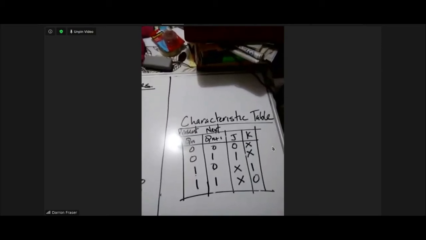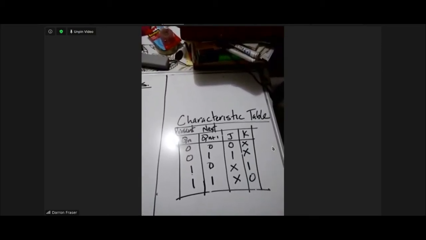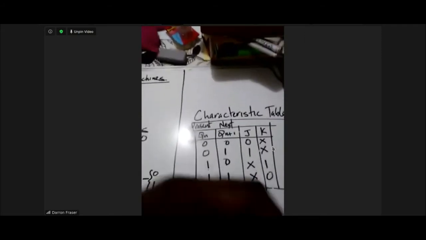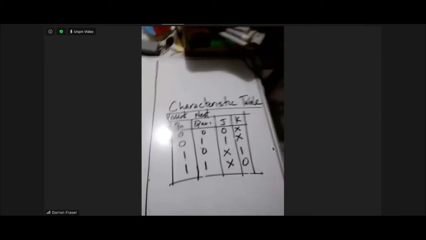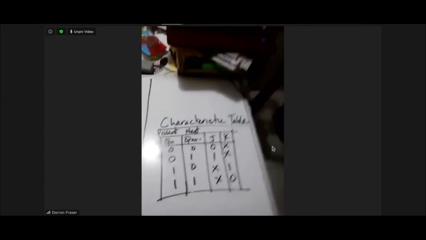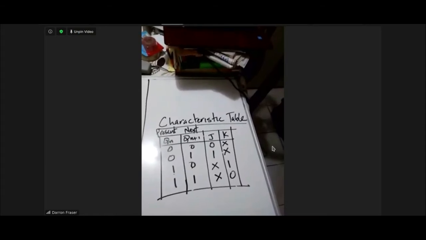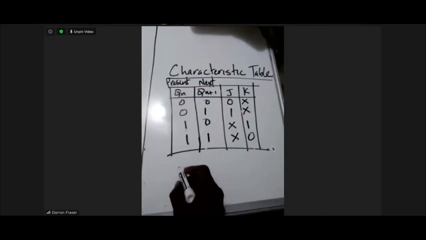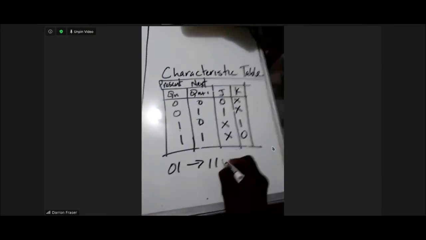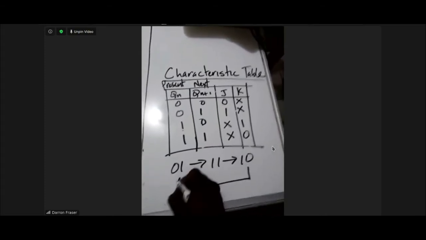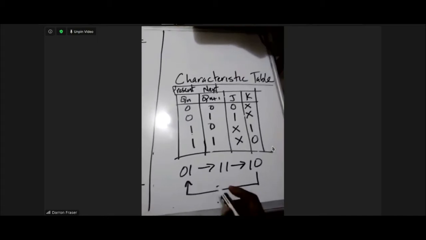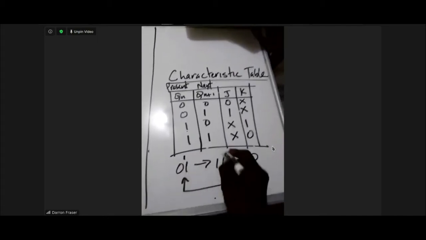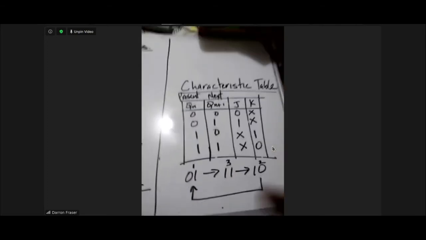So this is our starting point, where we want to go. All right, somebody write it down.